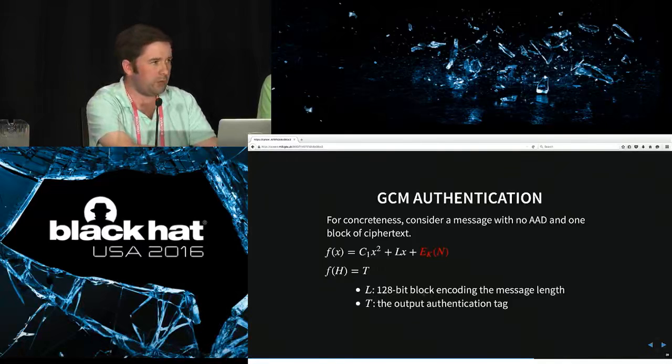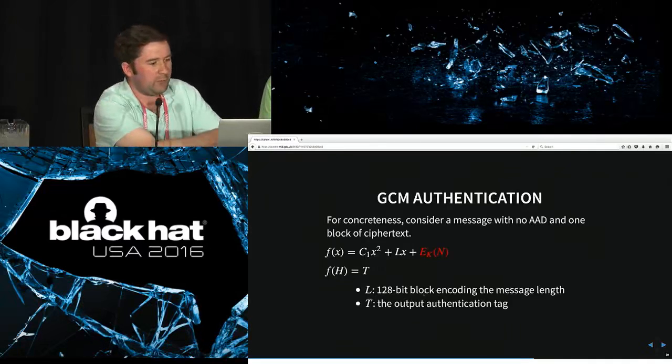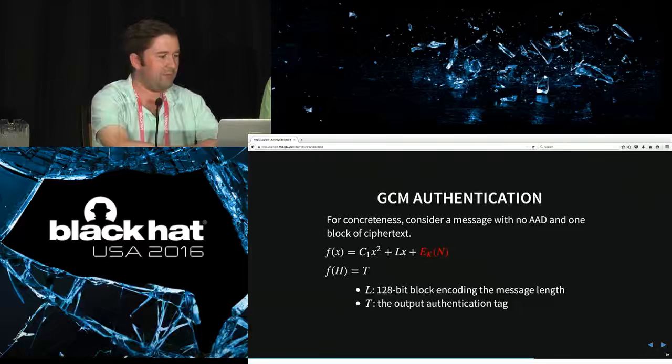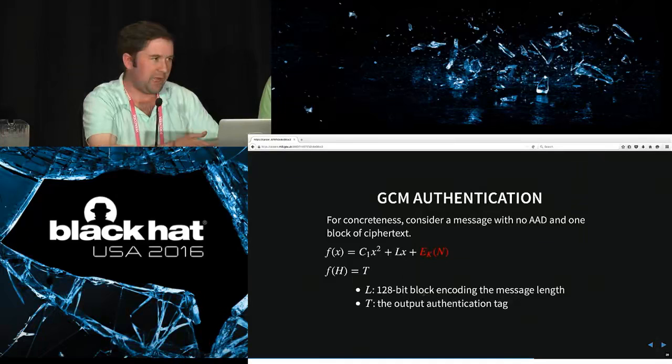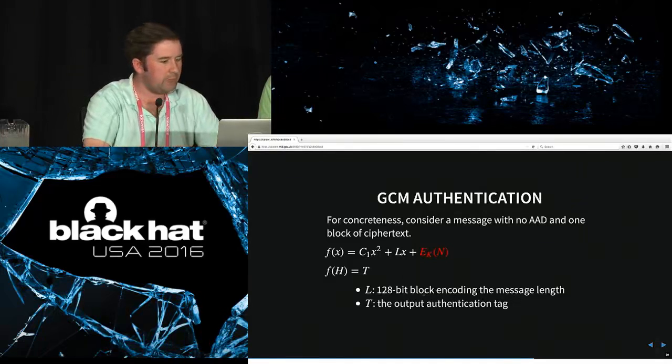If we format that as a polynomial, our one block of ciphertext, C1, is the coefficient of x squared. Next to that, we have this coefficient L, which is just another 128-bit block that encodes the message length. That encodes both the length of the ciphertext and the length of the authenticated data.